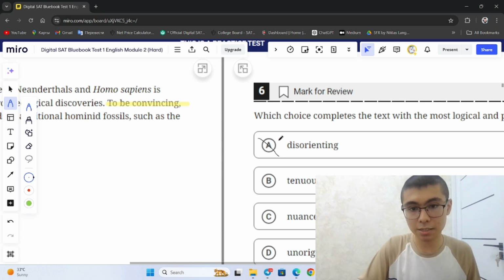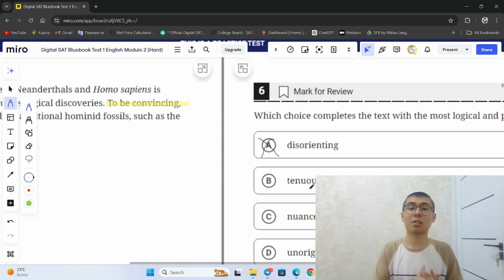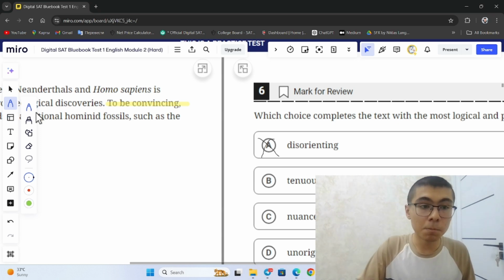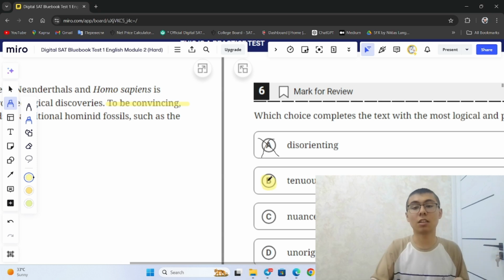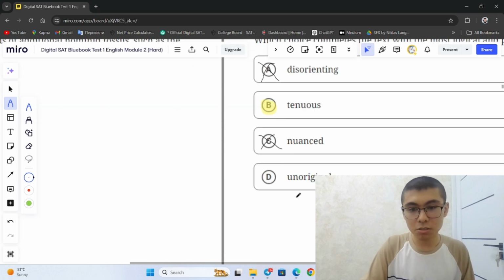It's not really related. Tenuous, you need to know this word, because tenuous means unconvincing. It means weak. So B is the exact synonym of unconvincing. Nuanced doesn't make sense here. Nuanced means subtle. Unoriginal, nothing about being original or not.